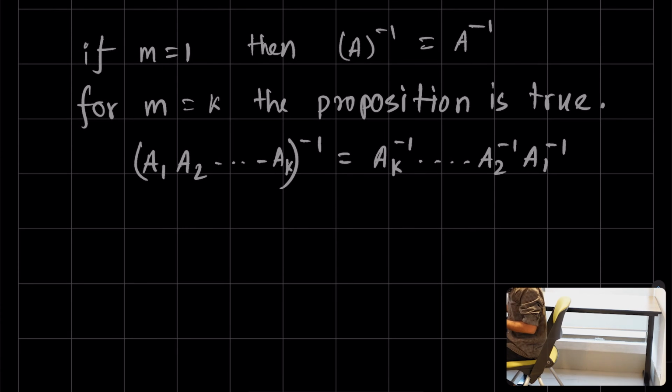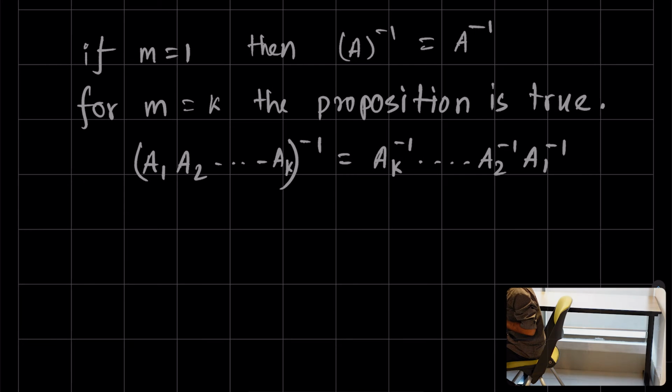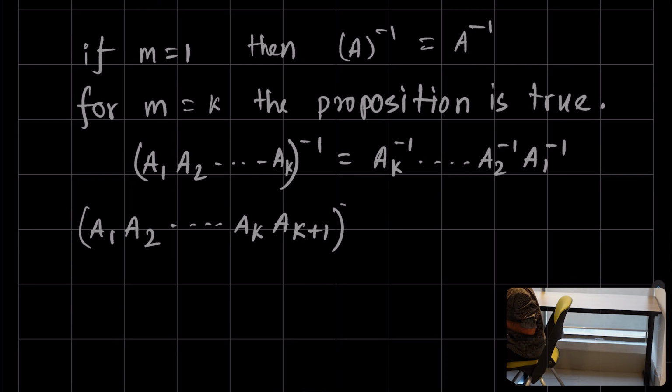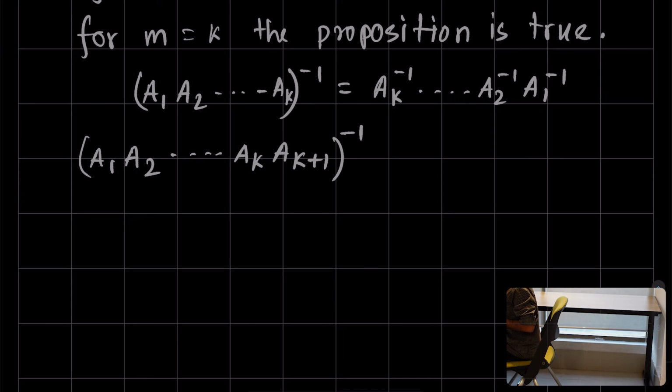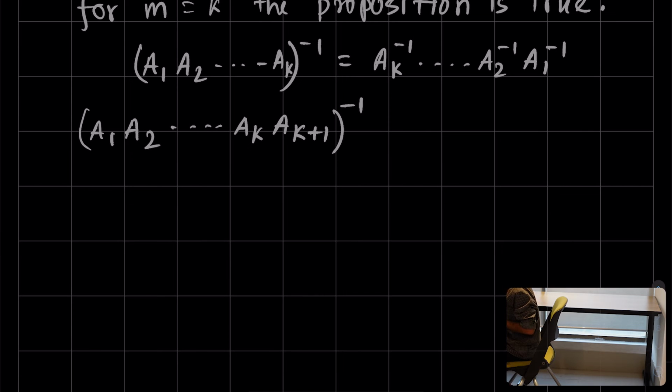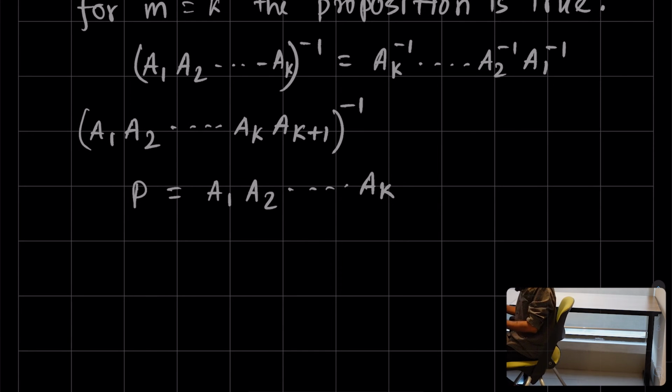Now let us consider M equals K plus 1. So if I take A1, A2, up to AK times A K plus 1, inverse, here I also want to define P equal to A1, A2, up to AK, the multiplication of the first K matrices.